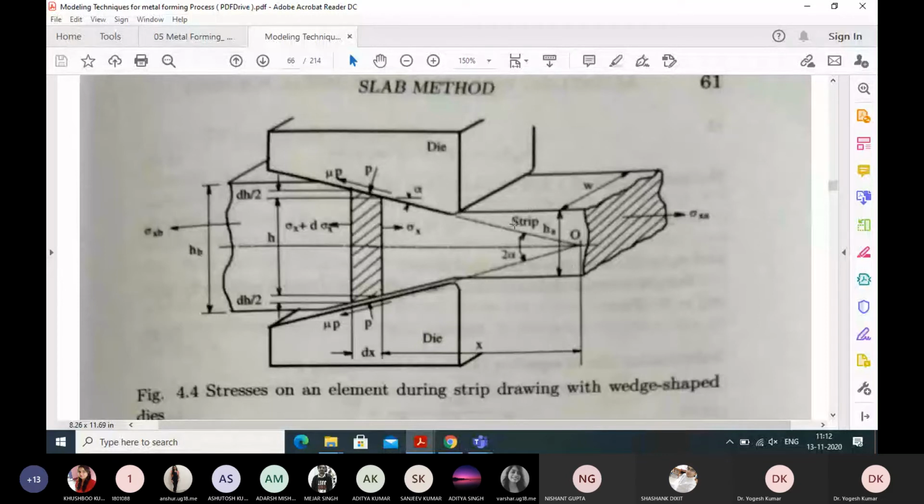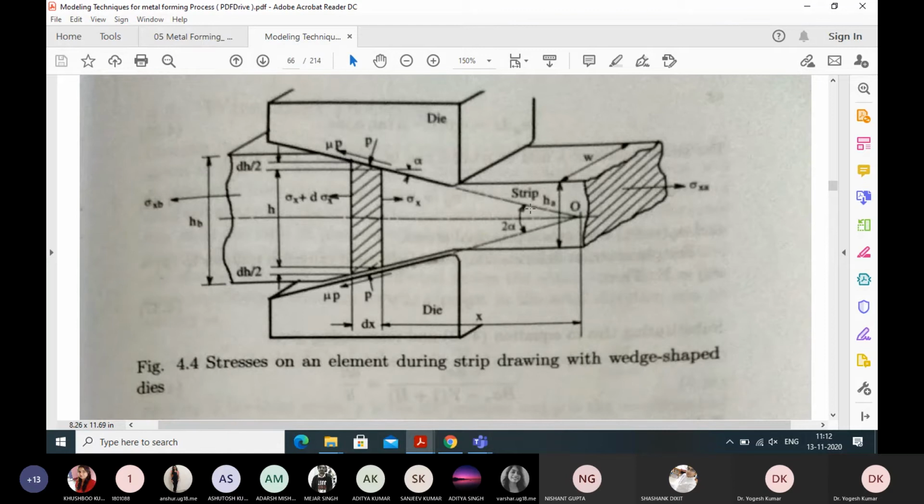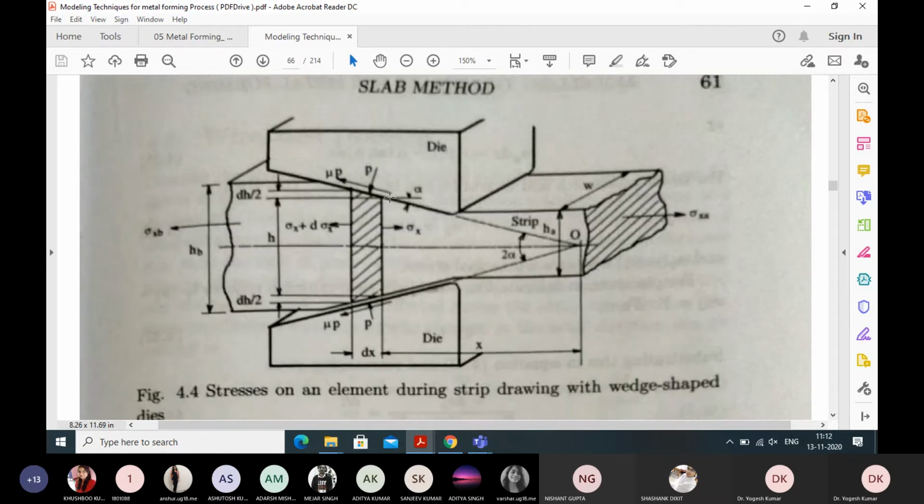The angle of this triangle is 2 alpha, and therefore this angle will be alpha. This line will be joined at an angle alpha from your x-axis, and the whole angle will be twice of it, 2 alpha.